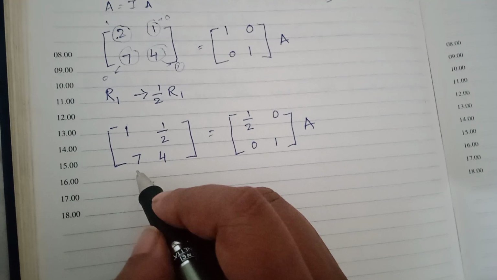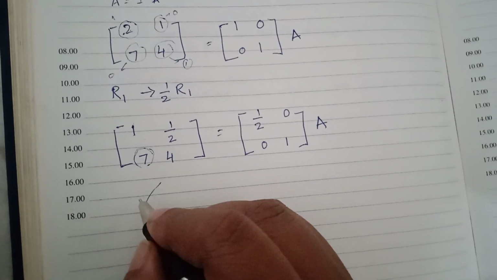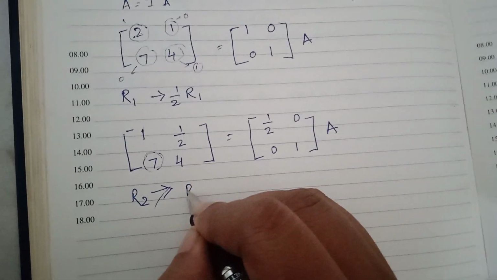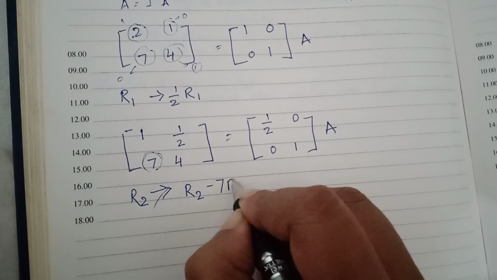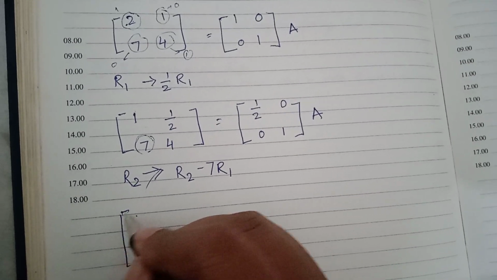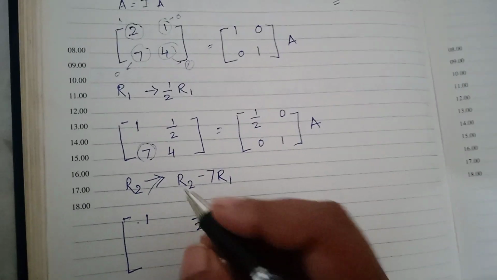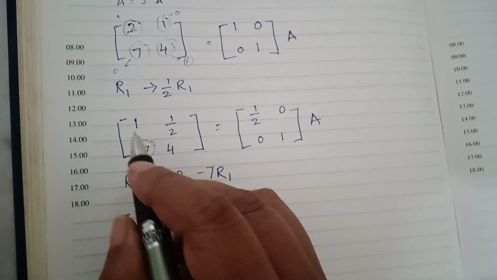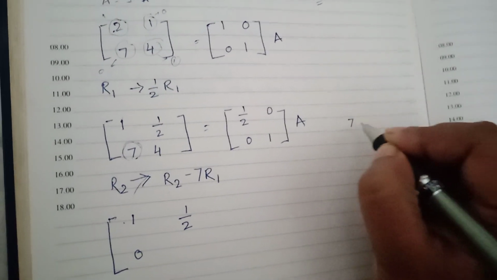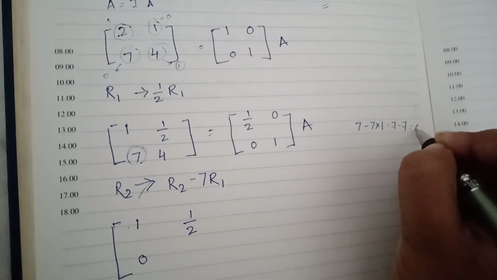Next, I'll make this element 0. So R2 is replaced by R2 minus 7R1. Here I have 1, here I have half. Now R2: 7 minus 7 into 1, which is 7 minus 7, which is equal to 0.